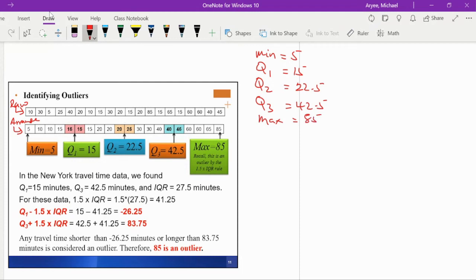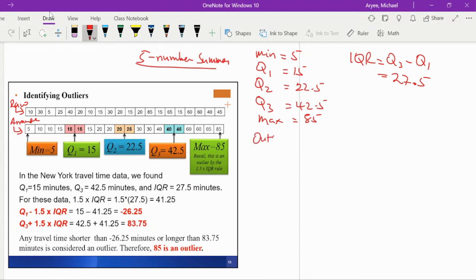These are the five number summary. We also know that the interquartile range is Q3 minus Q1, and we worked it out to be 27.5.